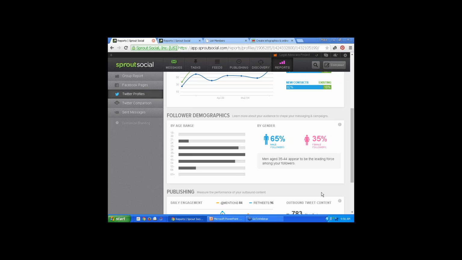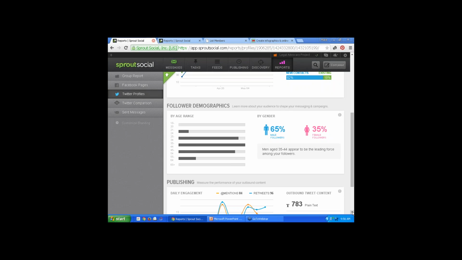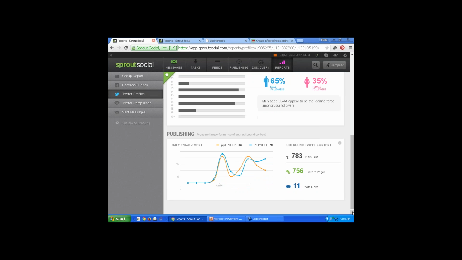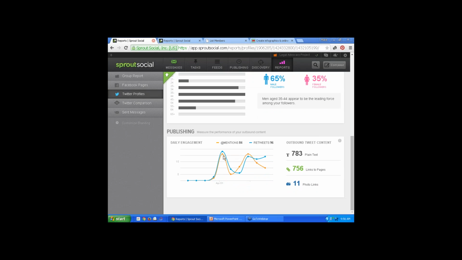We can also get back end demographics. In terms of your fundraising and campaigns, we have age ranges and male and female demographics. Because initially we've been recruiting around incarceration, most of our followers are male. That may change as the campaigns change and we have different focuses, but right now we're 65% male and 35% female.